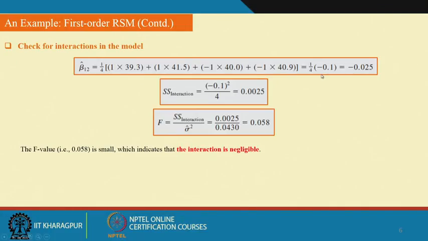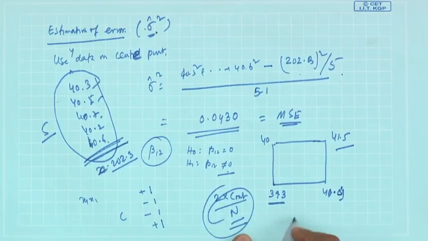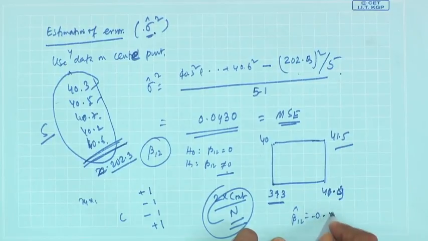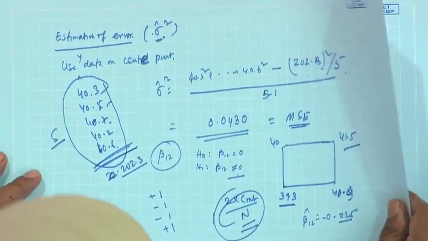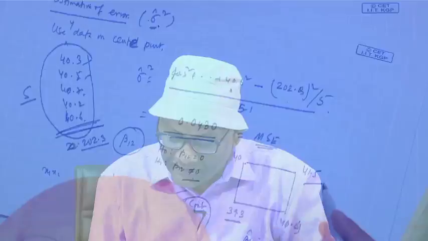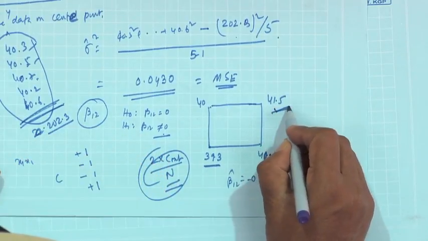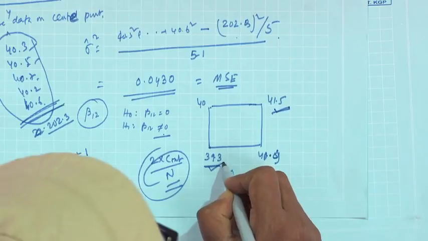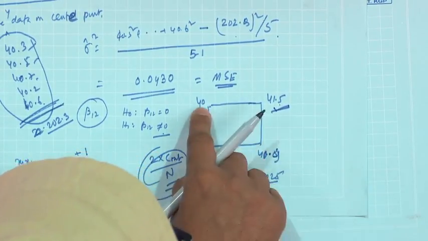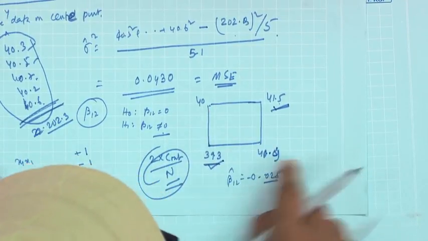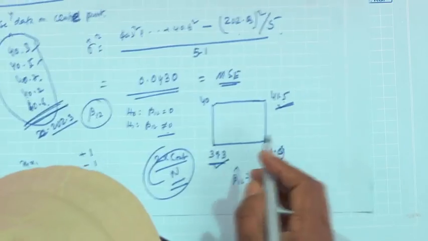So, beta 1 2 is 0, and beta 1 2 cap is minus 0.025. Okay. As I told you, first you find out the effect: 41.5 plus 39.3 divided by 2 minus 40.9 plus 40 divided by 2, that will give you the interaction effect AB.